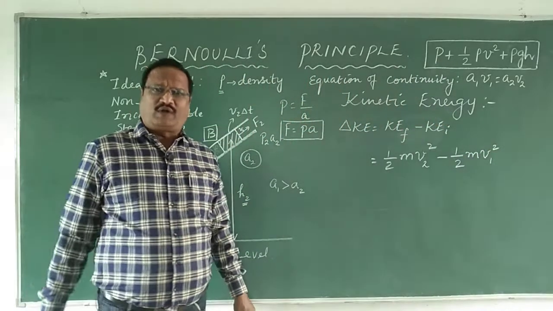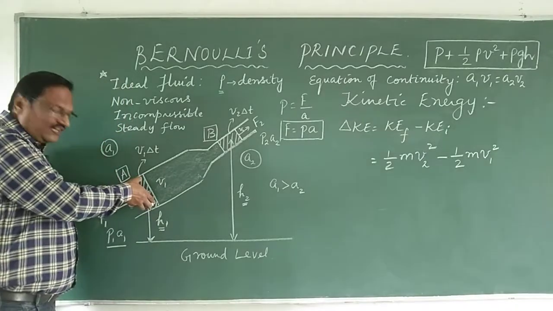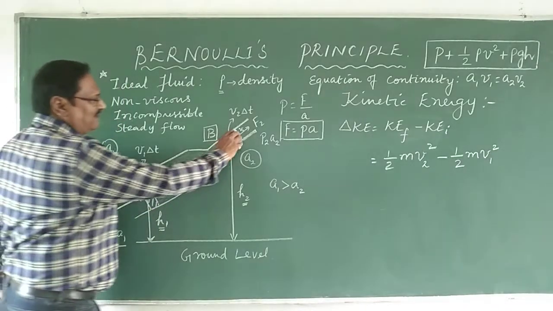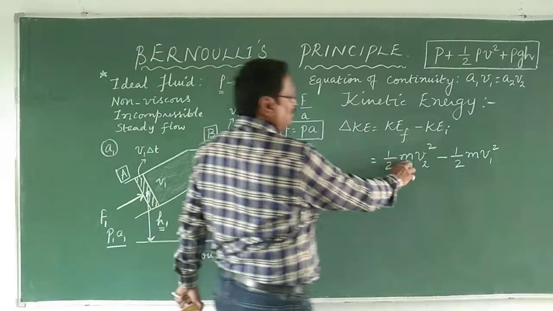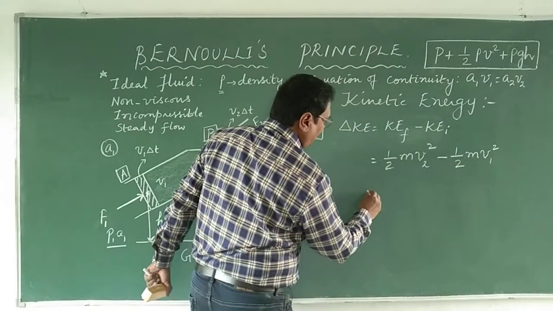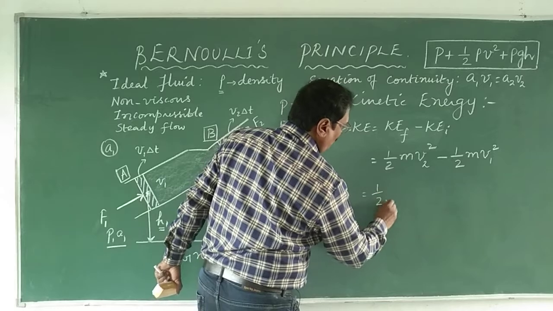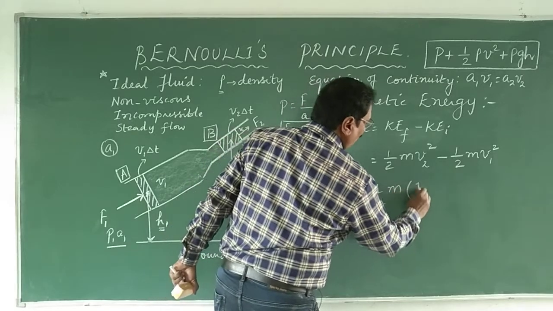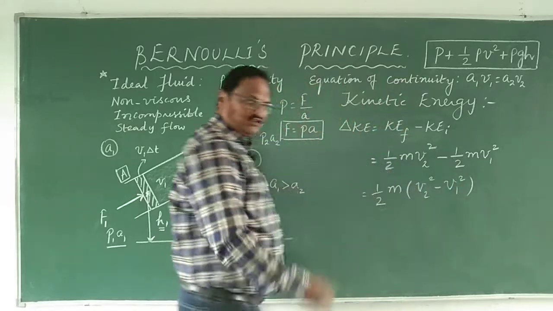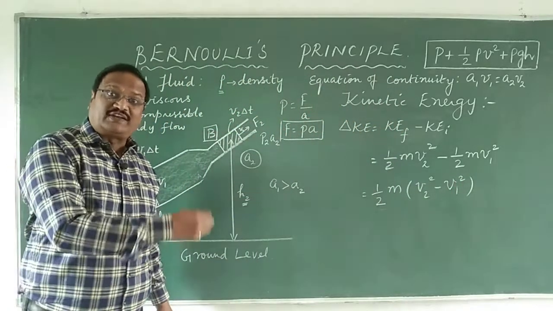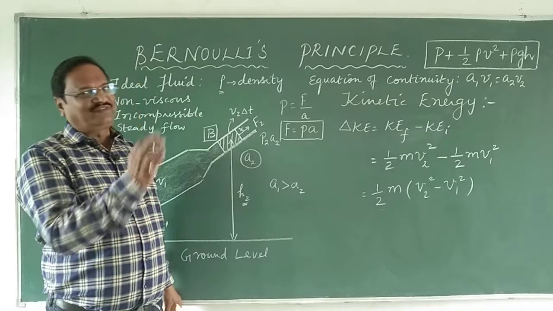The mass is the same because the amount of water we are discussing is the same amount. The quantity is the same, that is why I have taken the same mass. That is equal to half m, which is common, times v2 square minus v1 square, is the next step. Now we will write what is mass in terms of density.